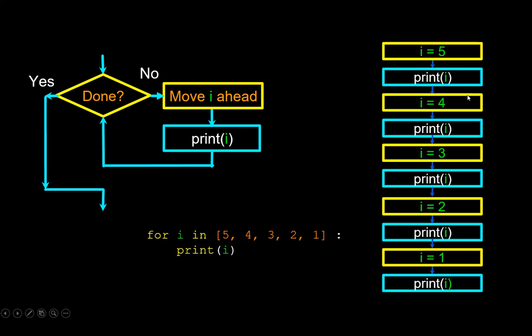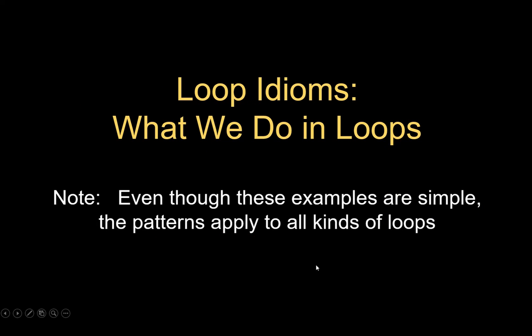Again, this is the output of it. So at the beginning, I is equal to 5. We're going to print it. Then I equals 4. We're going to print it. 3, print it. 2, print it. 1, print it. And then we get out of the iteration loop. I'm sorry, iteration block.